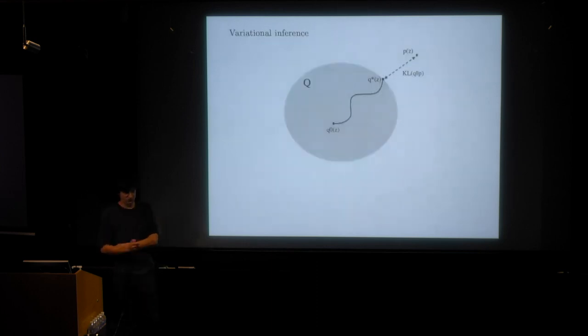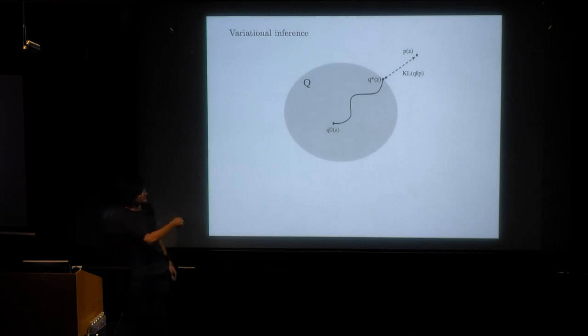So there are a lot of ways to try and approximate a distribution. One of them is variational inference. And what variational inference says is I have a family of tractable distributions. Let's call it Q. Those distributions are well-behaved. I understand what they do.